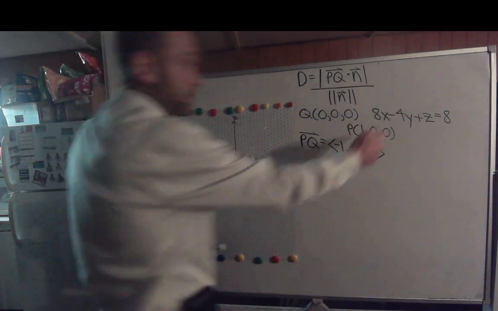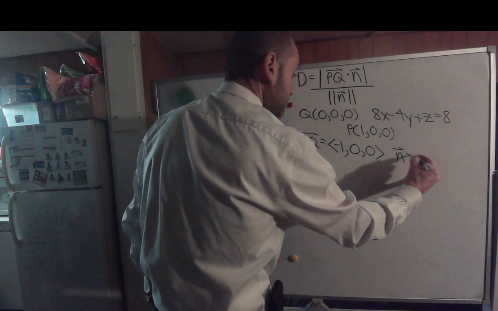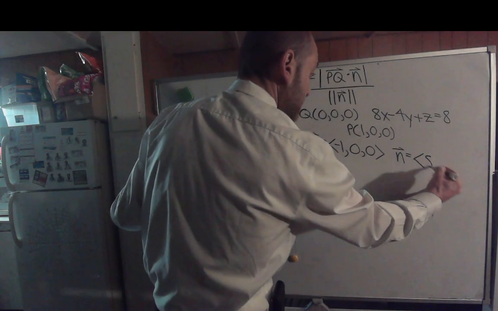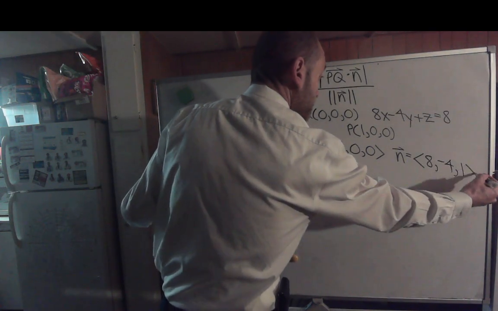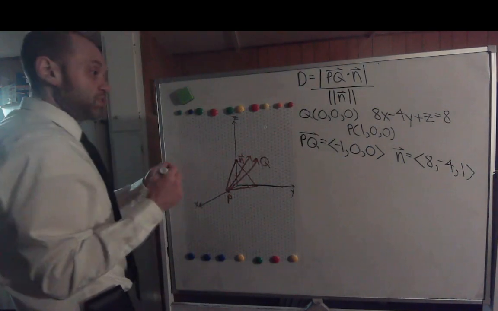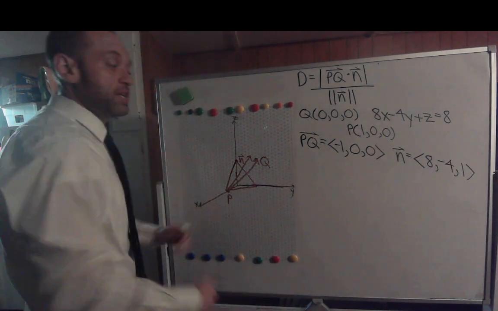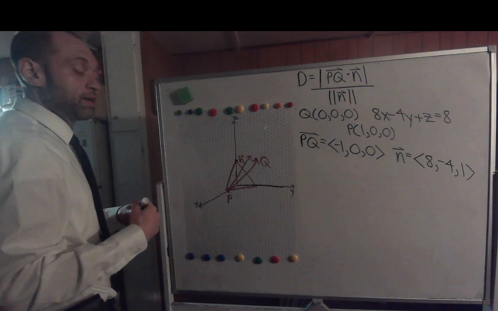Now the normal vector, of course, you're just going to rip off the equation of the plane. So just the coefficients on your variables, you would end up getting 8, negative 4, and 1. Okay, so now you have just found your normal vector and a vector PQ, which goes from the plane to the point outside the plane.